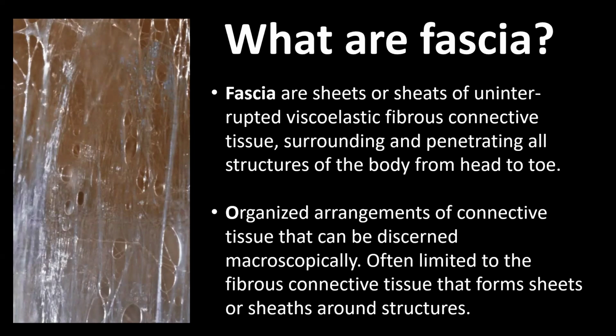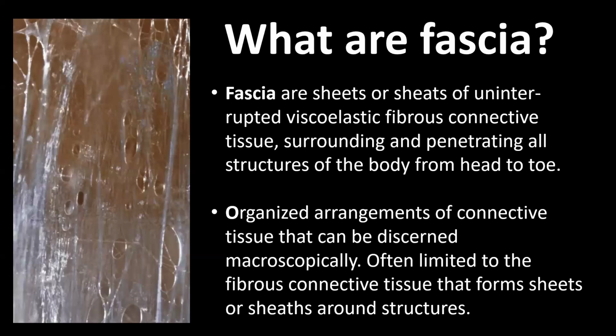We can find them everywhere, and they will separate certain organs or bodily structures from one another, while at the same time providing some strength and also allowing mobility of several organs relative to one another. So we have these layers of connective tissue, which we can find throughout the body and are also found in the neck, where they can be used to divide the neck into several neck spaces.